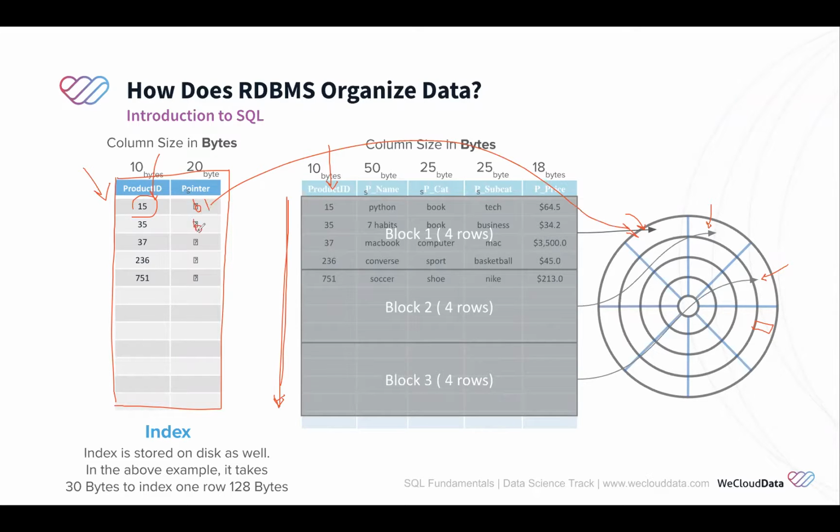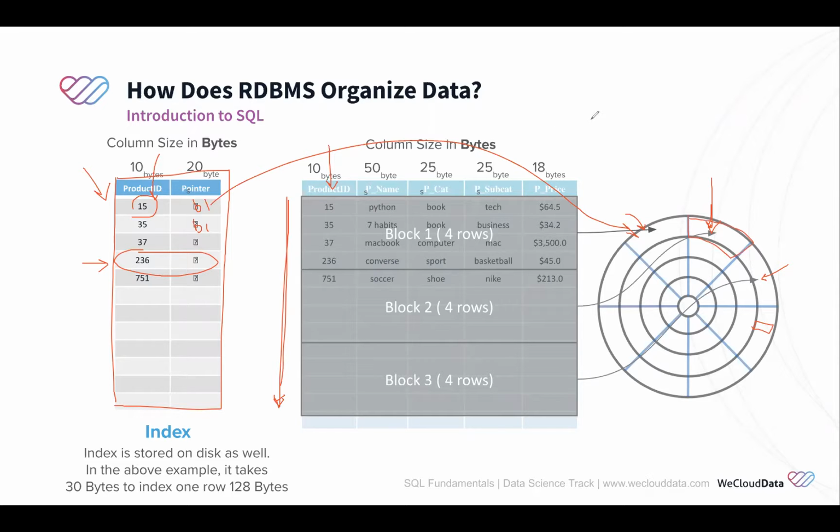35 is in block 1 as well. So next time, if we're searching for product ID 236, we just need to hit the index first, and the index is going to tell you that, okay, it's in block 2. Now you can skip many other blocks. You just need to go directly to block number 2, and then you just need to read 4 records until you find that product ID that you need.